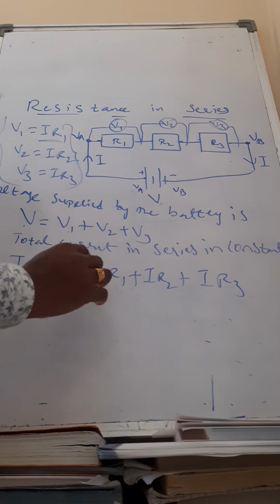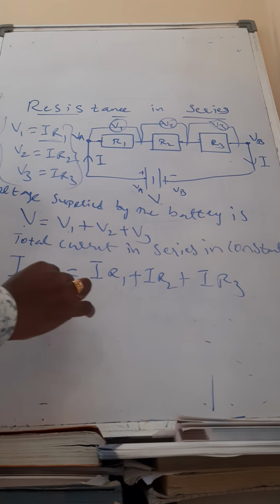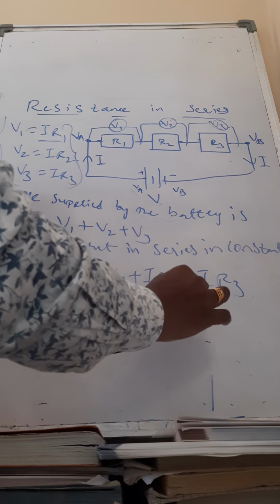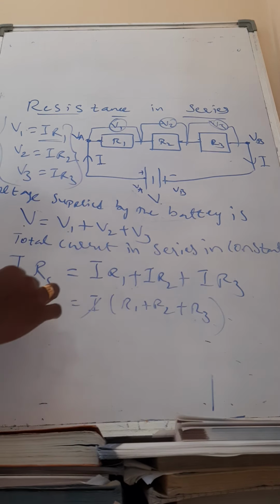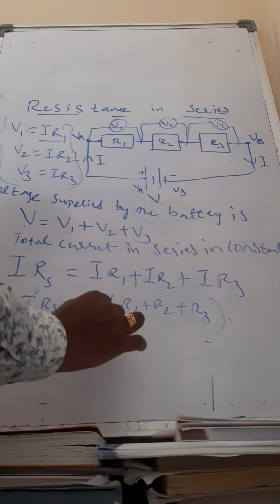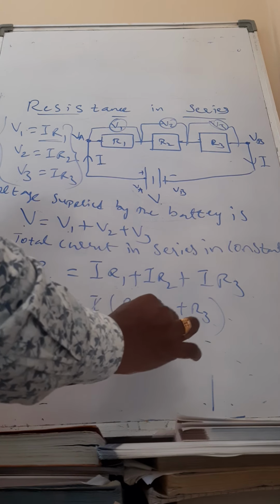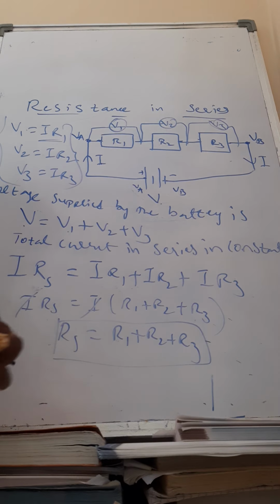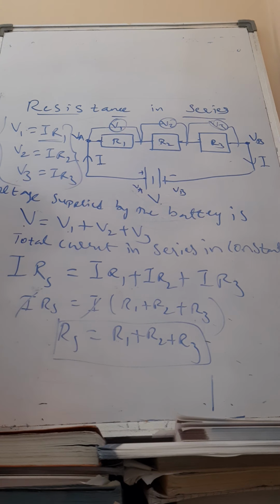Therefore, if I take I common on either side, R1 plus R2 plus R3, I gets cancelled. RS equals R1 plus R2 plus R3. This is the resistance in the series combination. Here 3 resistors are added.